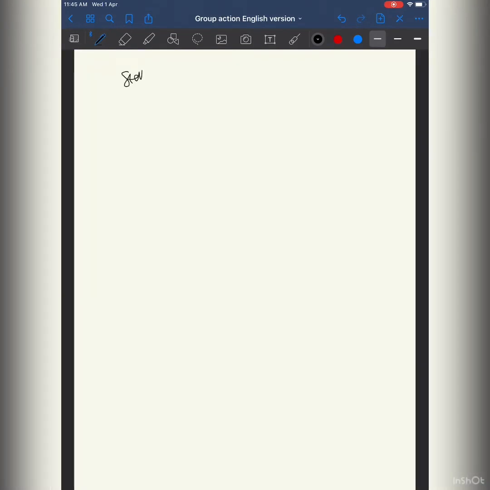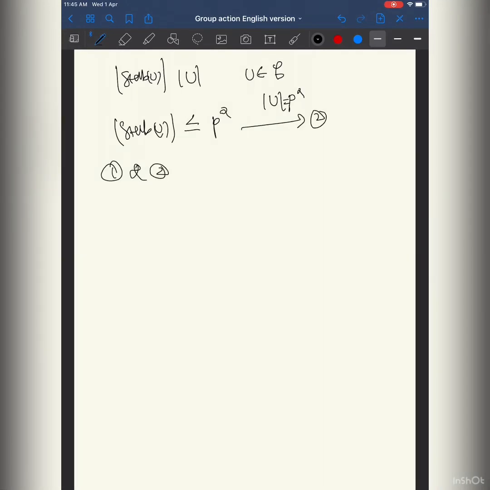So the order of the stabilizer of U divides the order of U, and since U belongs to this collection, the order of U is p power alpha, so the stabilizer is at most p power alpha. Combining 1 and 2, the order of the stabilizer of U equals p power alpha, and this is the required subgroup H. This is the proof of the first Sylow's theorem.